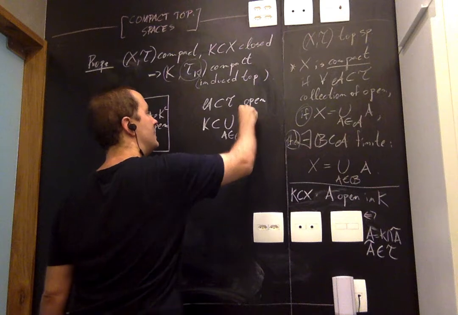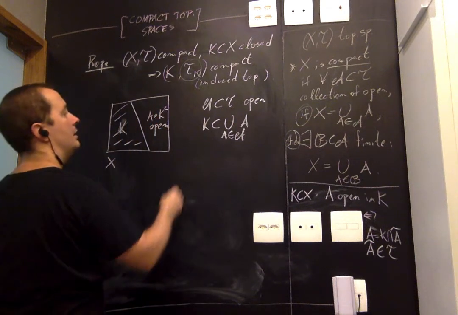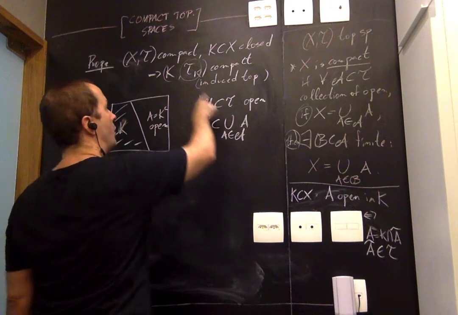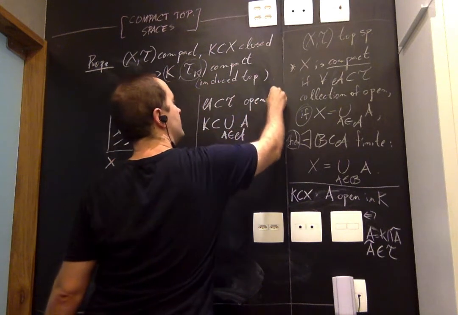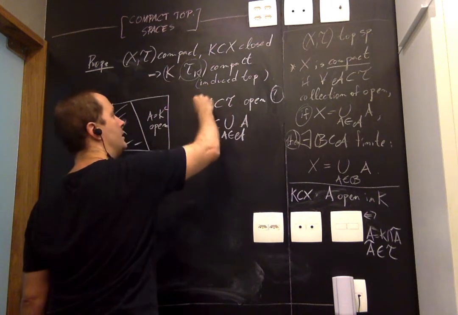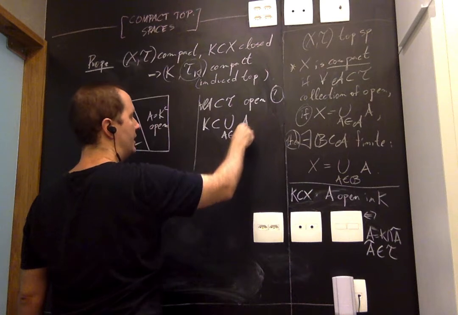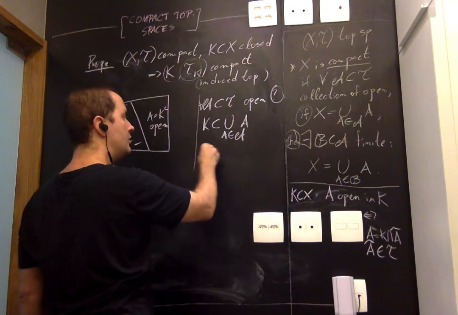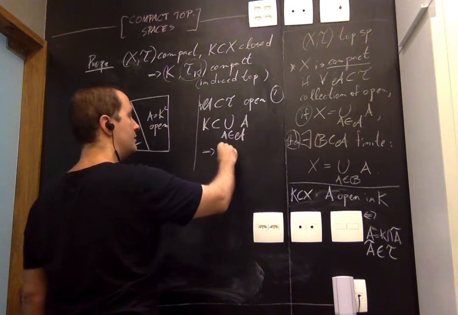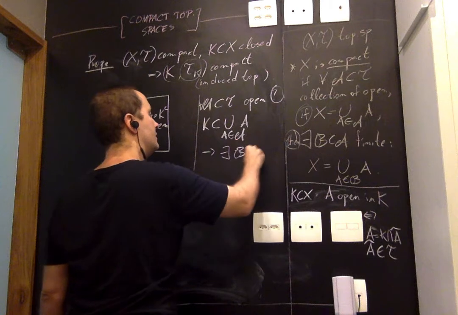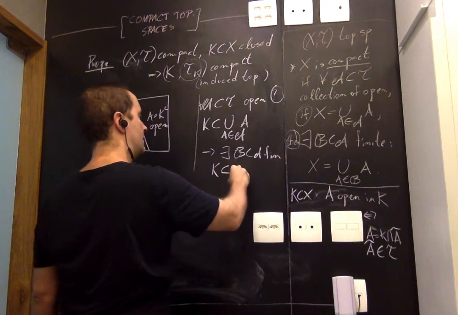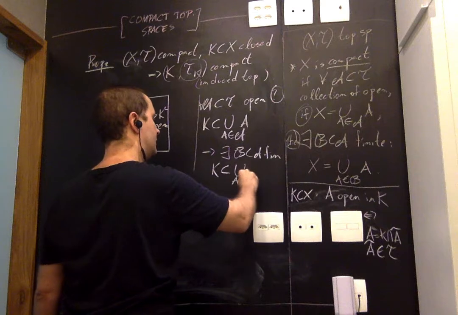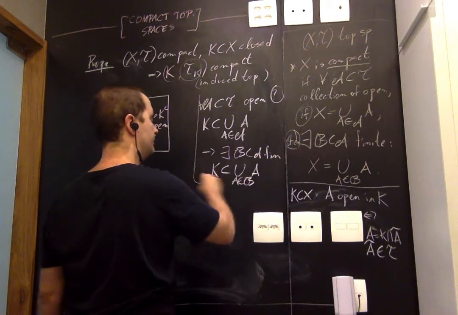So remember, there's a little exercise to argue that saying that K is compact in the induced topology means that this should be true, right? That for any collection of open sets of X, if K is contained in the union, so K is covered by this collection, there exists a finite subcollection B such that K is contained in the union of B.